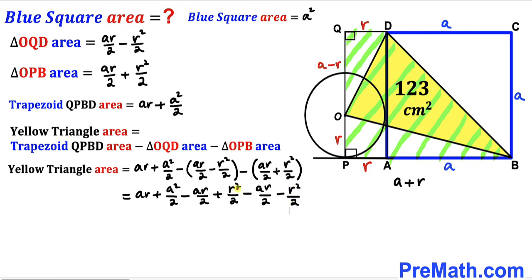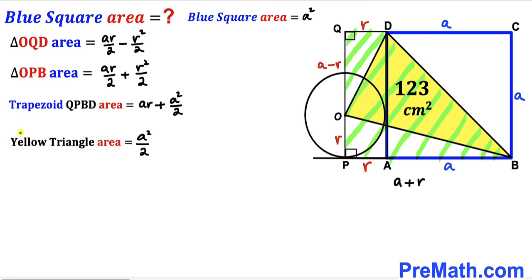And now we can see this r square divided by 2 and negative r square divided by 2, they are gone. And now let's combine these two like terms. Negative AR divided by 2 and negative AR divided by 2 is going to give us negative a times r. And here we can see this a times r and negative a times r, they cancel each other out. So therefore this yellow triangle area turns out to be equal to simply a square divided by 2.